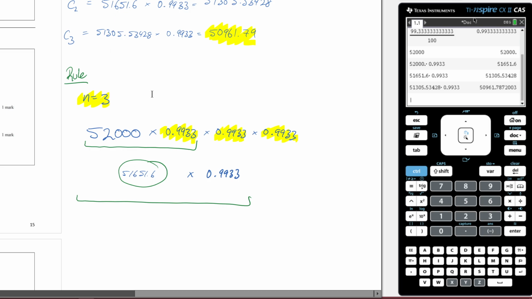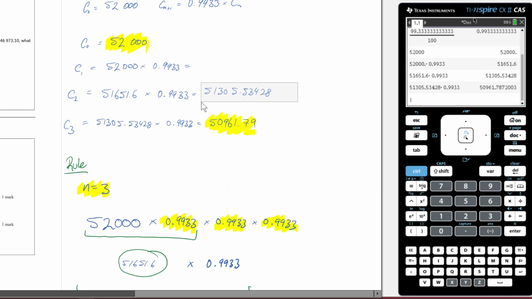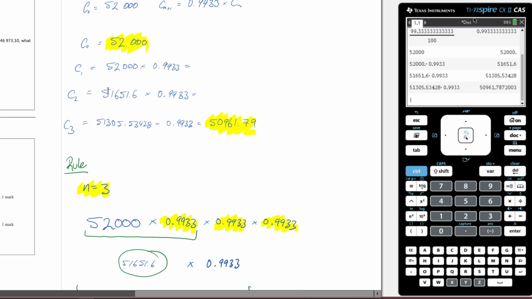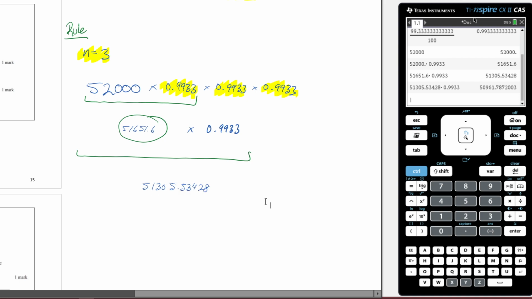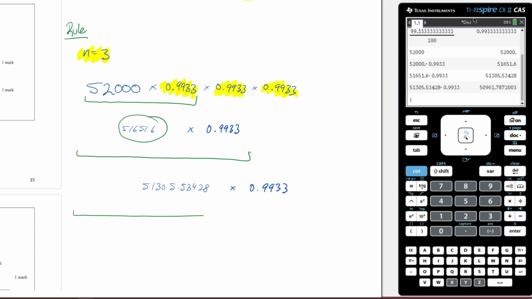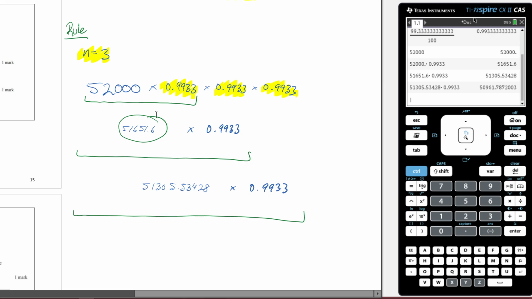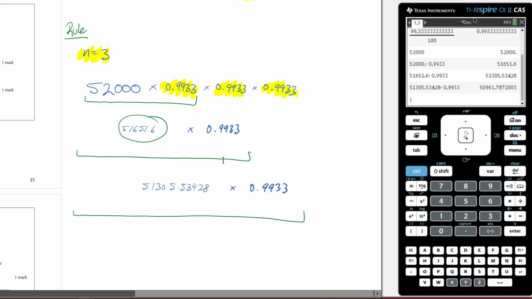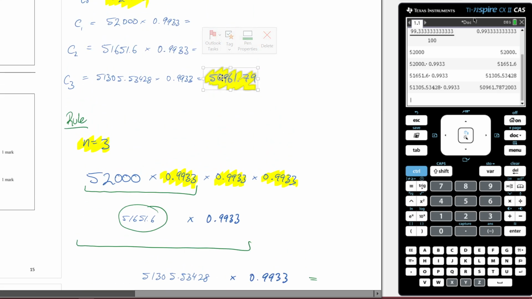That's going to give me this, because as you can see, that's exactly what we did. Now I want to take that value and times it by 0.9933. So that means what I'm now after is the whole thing, and this is just going to be equal to this number right there.